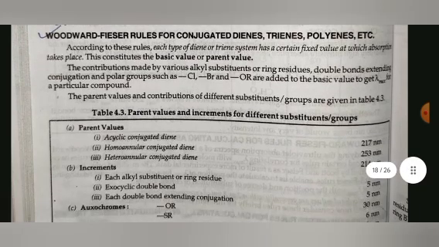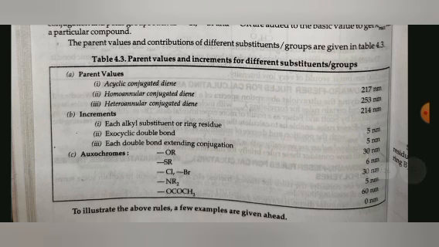For example, the parent value for acyclic conjugated dienes is 217 nanometer, homoannular conjugated diene 253 nanometer, heteroannular conjugated diene 214 nanometer. The increments added are: each alkyl substituent or ring residue 5 nanometer, exocyclic double bond 5 nanometer, each double bond extending conjugation 30 nanometer, auxochrome OR 6 nanometer, SR 30 nanometer, chloro or bromo 5 nanometer, NR2 60 nanometer, and OCOCH3 0 nanometer. To illustrate the above rule, a few examples are given ahead.